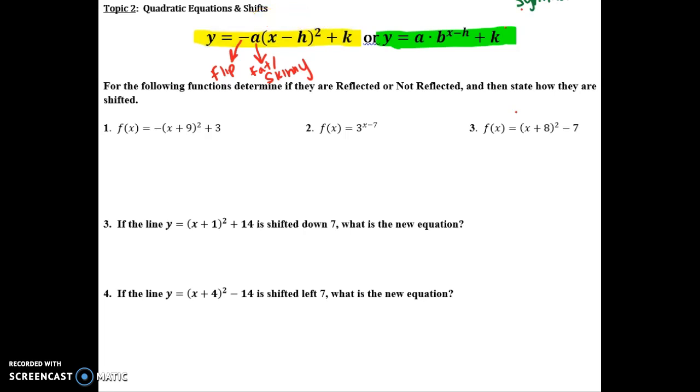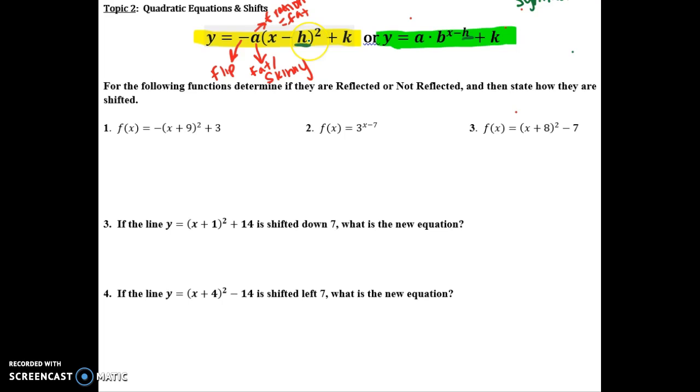You'll probably remember the fact that I said if it's a fraction, it makes it fat. That's the same for both. It's just making the graph wider than what the graph usually looks like. The h, notice both of them have an h. The h up here is stuck with the x.